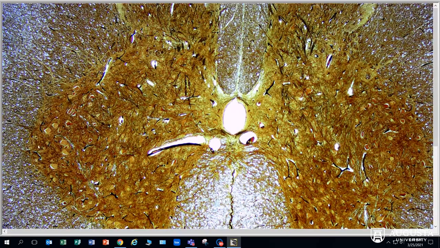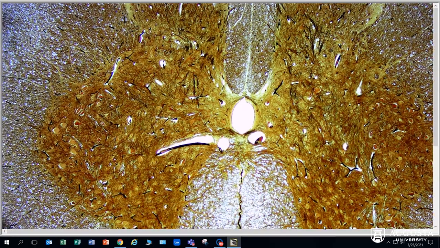Out here would be the lateral horn, and down here would be the ventral horn. Same thing on this side, dorsal, lateral, ventral horn. On the lab practical, you will not get points for writing gray matter. You need to call it by its proper name, and these are the dorsal, lateral, and ventral horns.